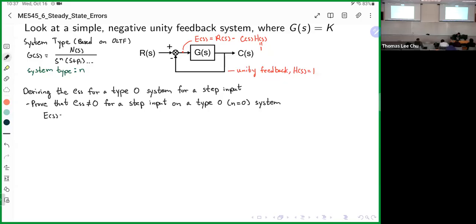E of S is equal to R of S minus C of S. And when we take the inverse Laplace transform of this, we're basically trying to prove that E of t, which is equal to R of t minus C of t, is constant when t goes to infinity. Basically, E of SS is not equal to 0. So that's what we're trying to prove.